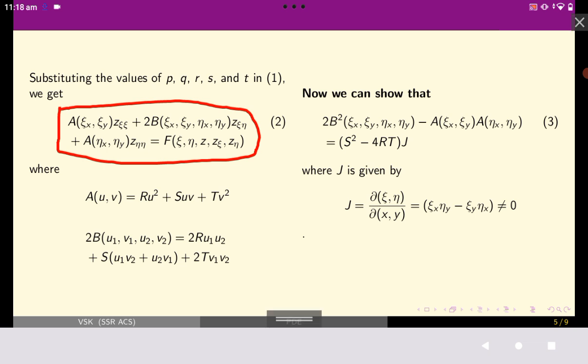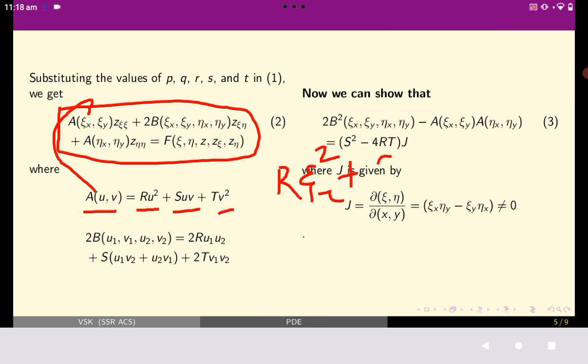This will become this form, where A(u, v) is R u square plus S u v plus T v square. So if we put in place of u, v the values xi x, xi y, it will become R times xi x square plus S times xi x xi y plus T times xi y square.